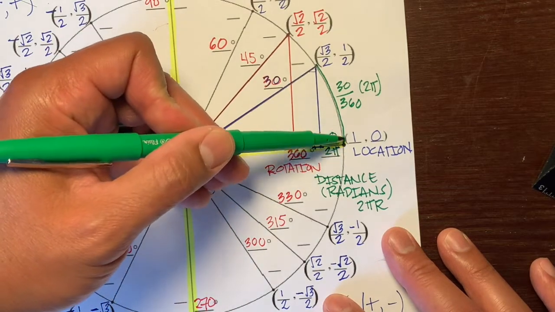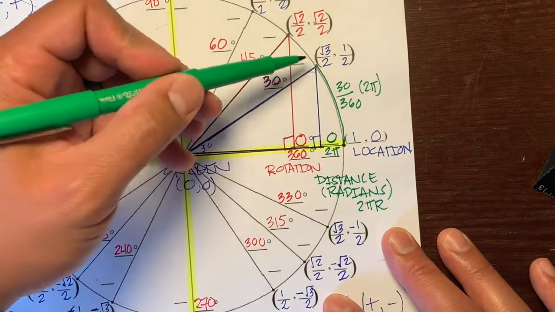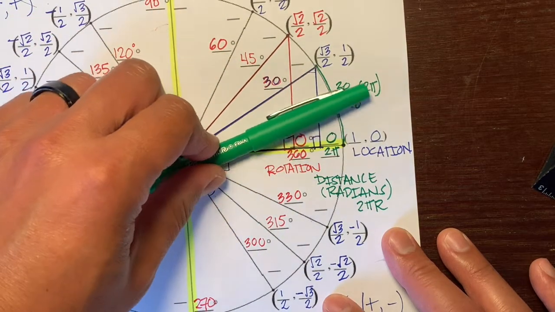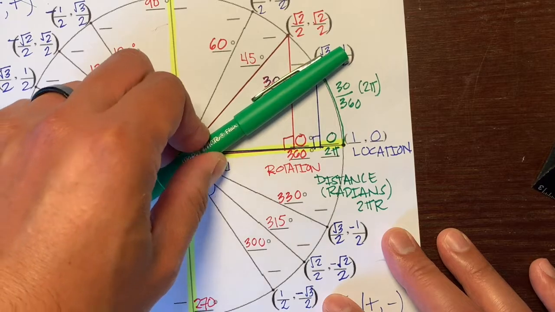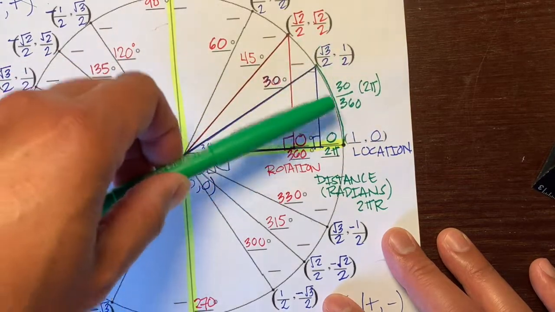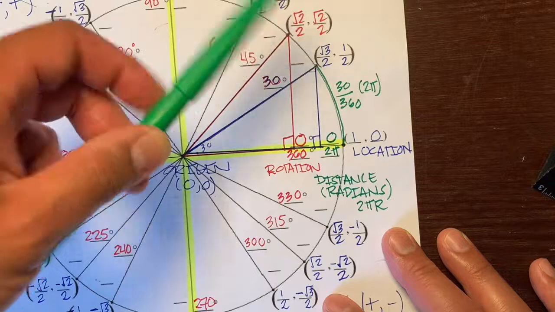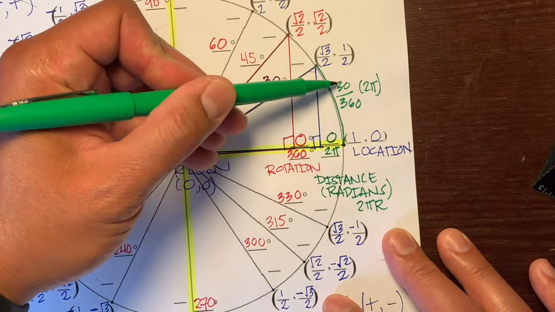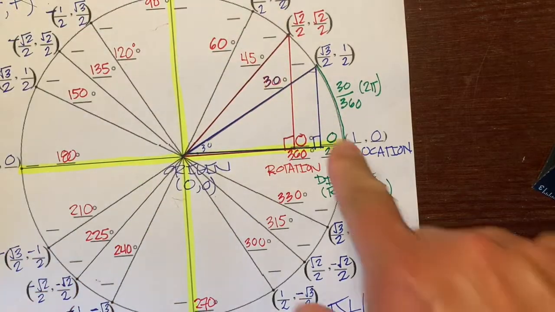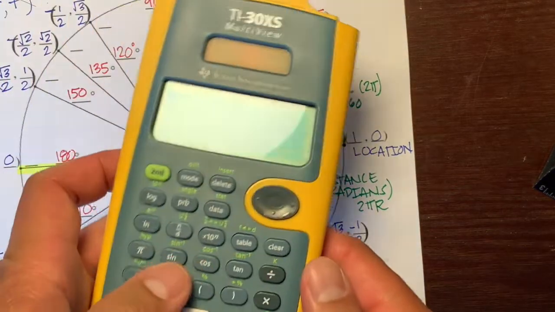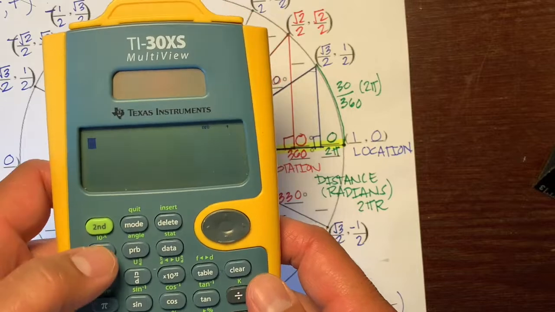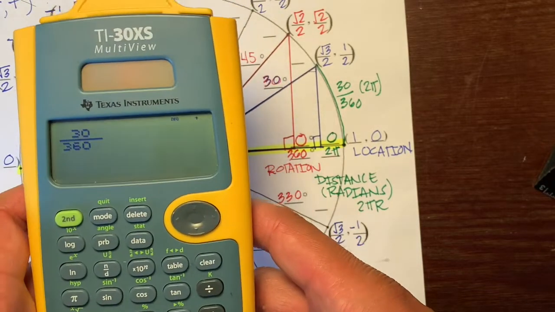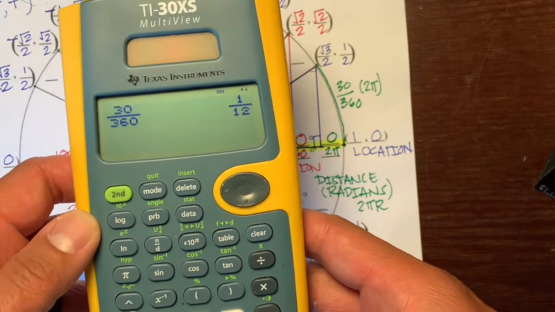Let's go on to this next one. This rotation from 0 to 30 degrees is 30 degrees out of 360, but that's just in degrees. Let's figure that out as a fraction. Let's write 30 out of 360 and simplify that.